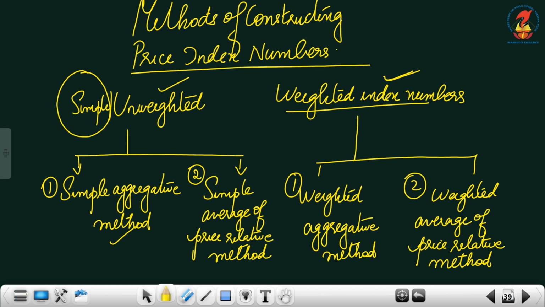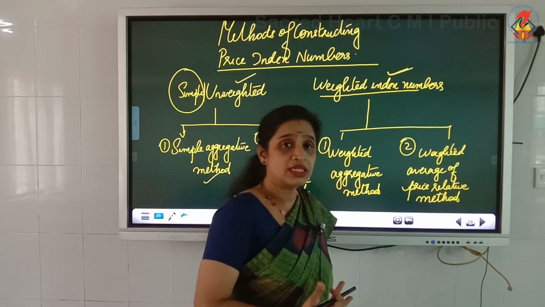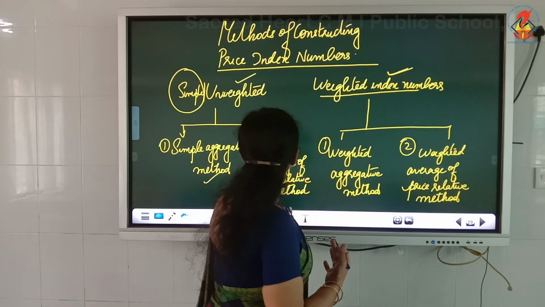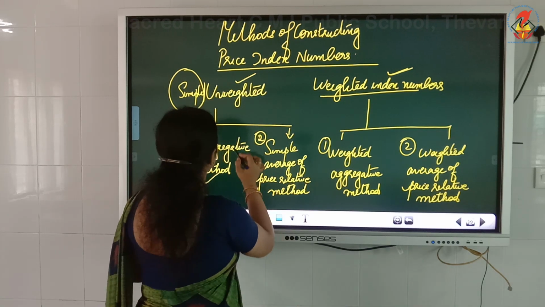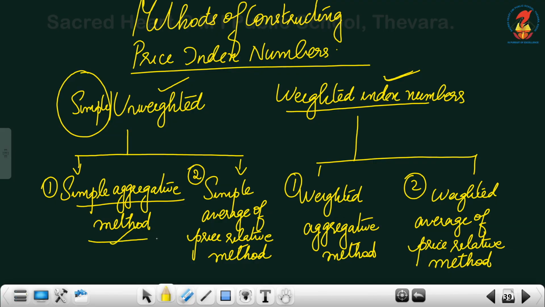Just as we have discussed in the simple or unweighted case, the same methods will be followed here for the weighted index numbers. In the simple index number we have two methods, the simple aggregative method and the simple average of price relative method.